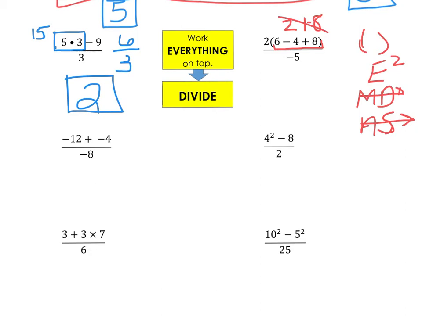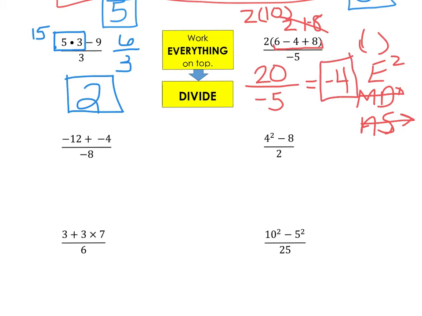So everything inside my parentheses is worked out. It's 10. But remember, when nothing's in between the parentheses and the number, we're multiplying. So we're going to have 2 times 10, which is 20. And then 20 divided by a negative 5, remember, would be a negative 4, because a positive divided by a negative is a negative.